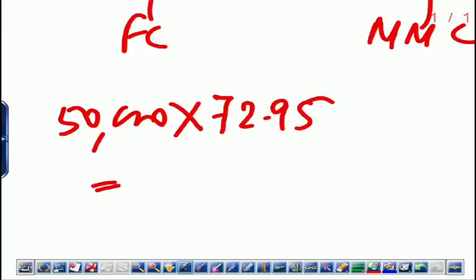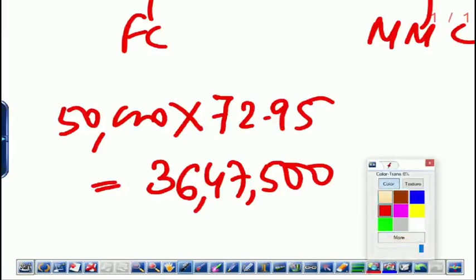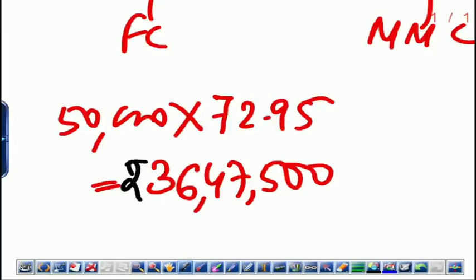So we are getting 50,000 into 72.95, that is 36,47,500. That is the rupee inflow: 36,47,500.